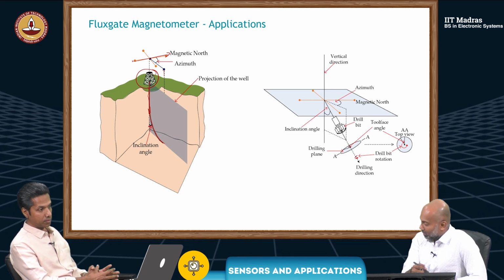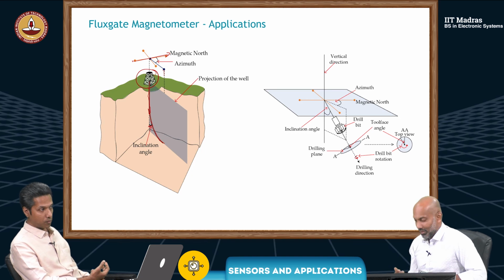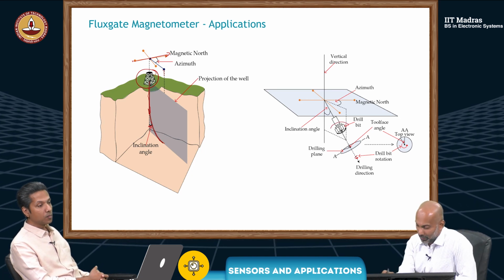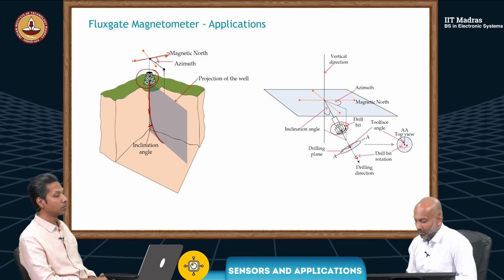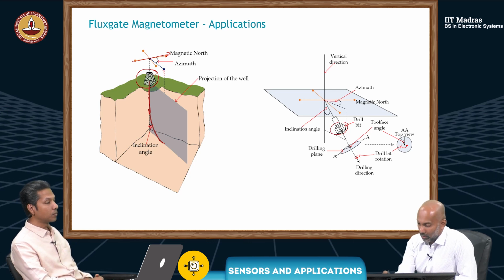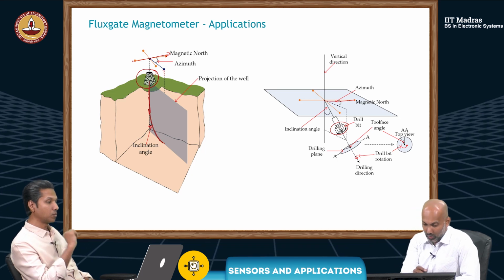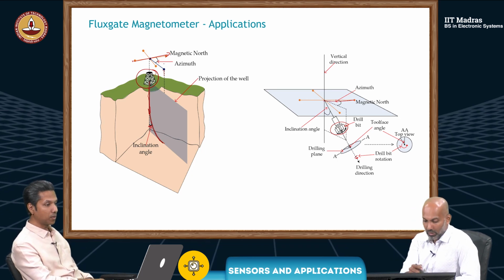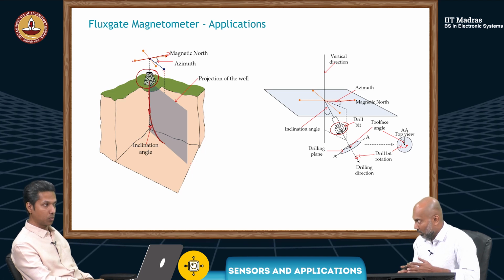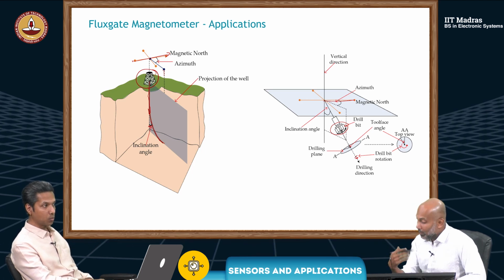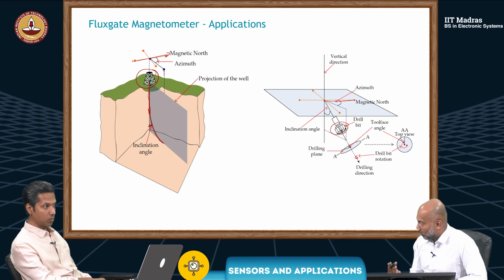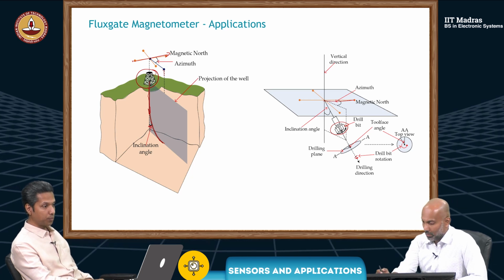But we cannot see what's going on downhole. So let's say this is your drill bit, and this is your magnetic north on the surface. We know we have the magnetic north, but downhole, we don't really know exactly. So we use the fluxgate magnetometers to calculate this.